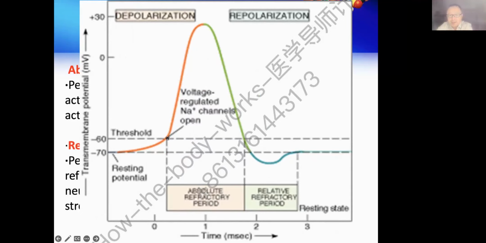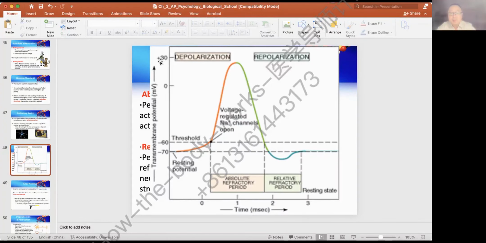So you can see if the transmembrane potential reaches the minimal voltage, minus 60, it will immediately rise from minus 60 to almost positive 50, in a short period of time, around 1 millisecond.